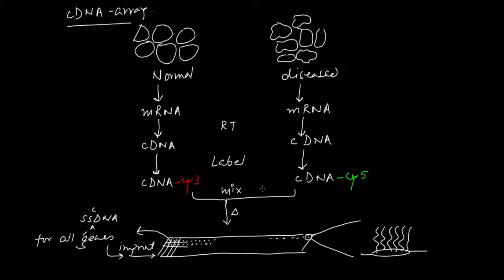This denatured, single stranded cDNA is now hybridized onto the slide. Hybridization generally is done at 37 degrees overnight.